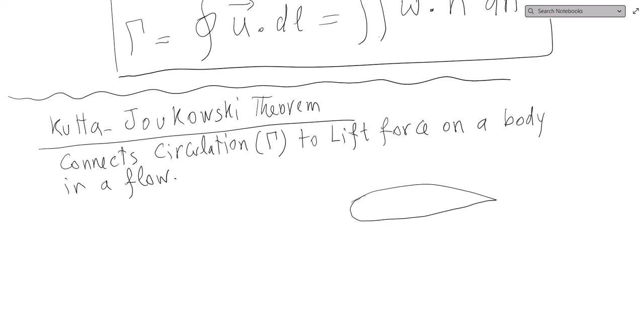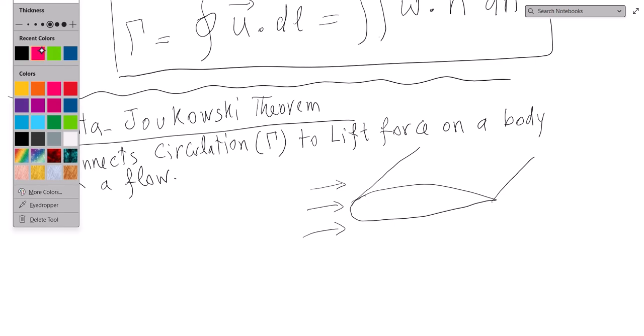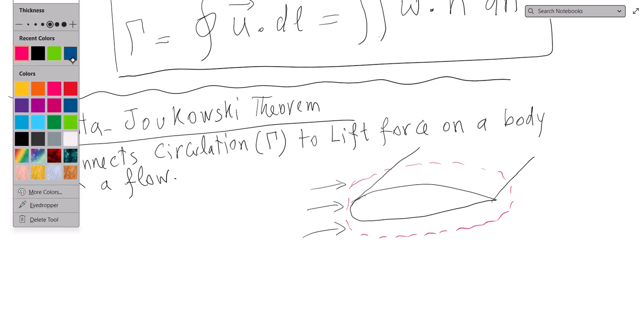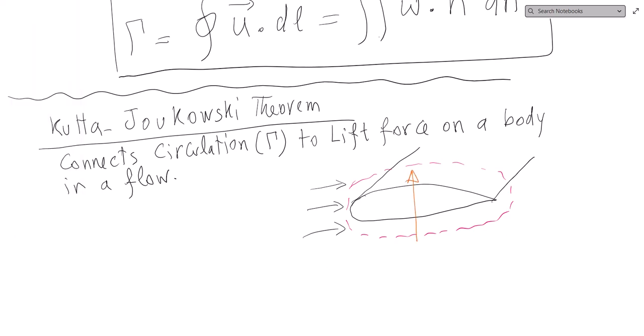So if you have the cross section of a wing of a plane, let's say this airfoil, and the flow is passing, or the airplane is moving in a stationary fluid, either way, and then you say, okay, let's assume a path around this airfoil and see how much circulation we can capture. And that's the circulation that basically will give you a lift, a force upward, so the airplane can fly in thin air.